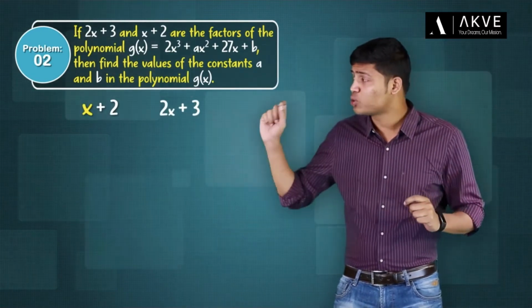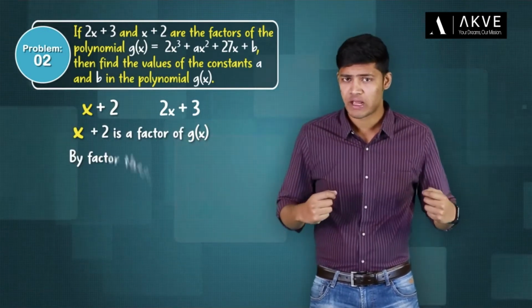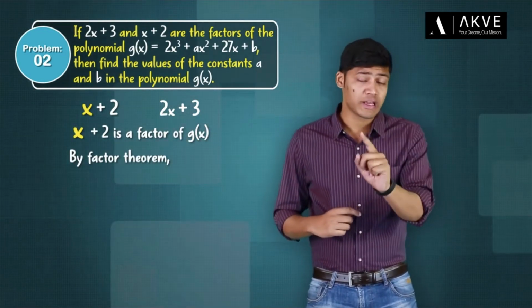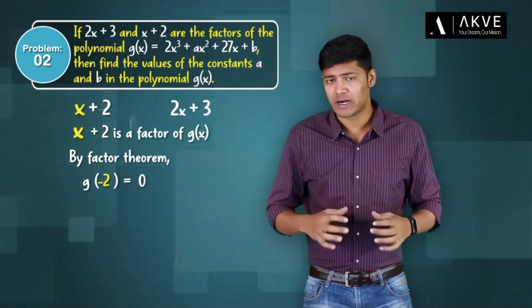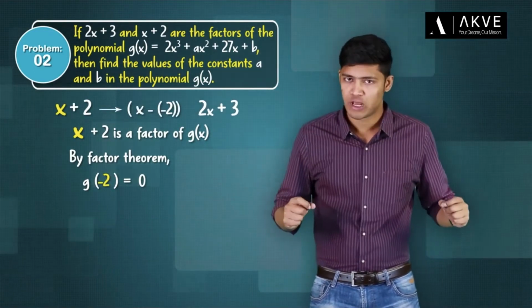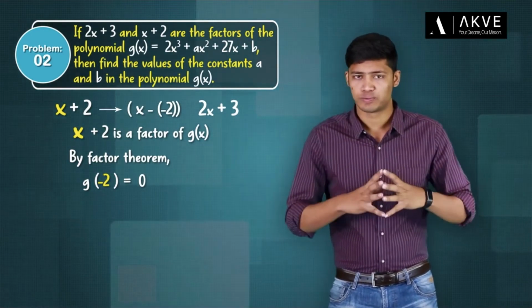As x plus 2 is a factor of the polynomial g of x, g of minus 2 must be equal to 0 since x plus 2 is nothing but x minus of minus 2. So let's equate g of minus 2 to 0.